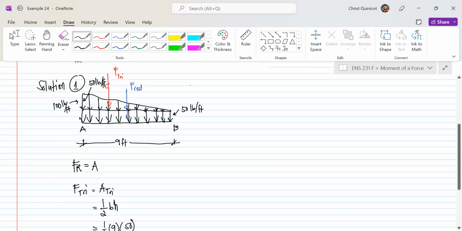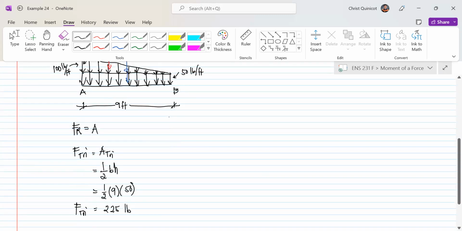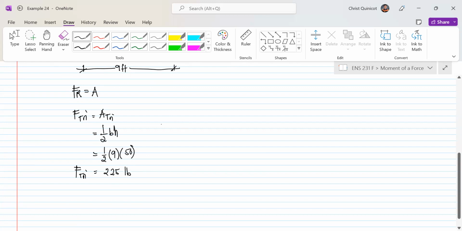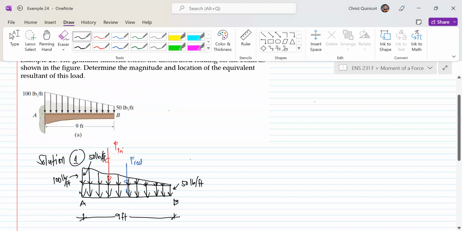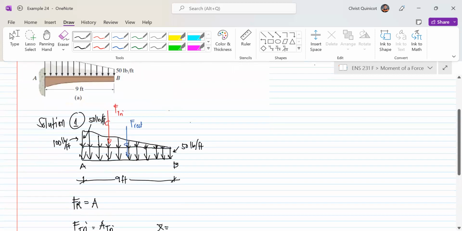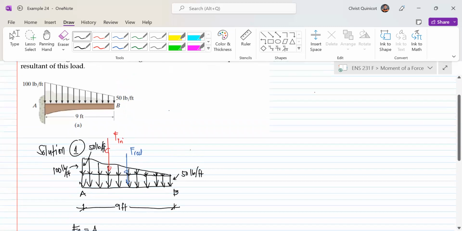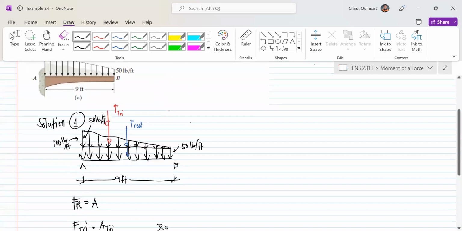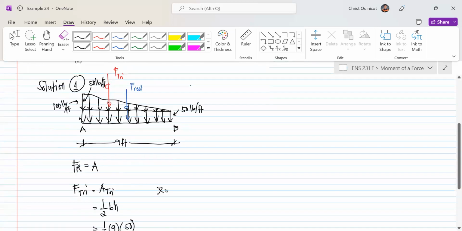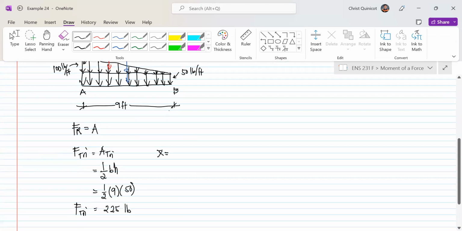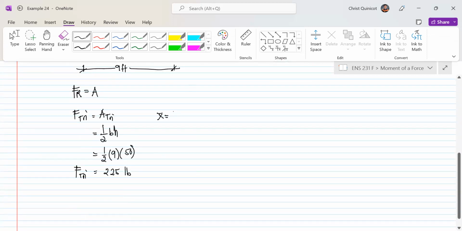Now for the location of the resultant force of my triangular loading, x bar. Since we have a fixed support at point A and an overhang at point B, let us say I want to measure it from A. That is the base of my triangle, so I'll be using 1/3 times 9.